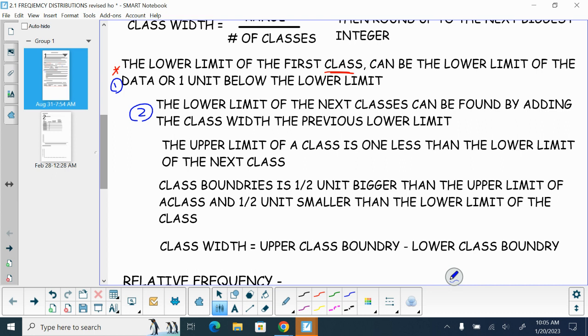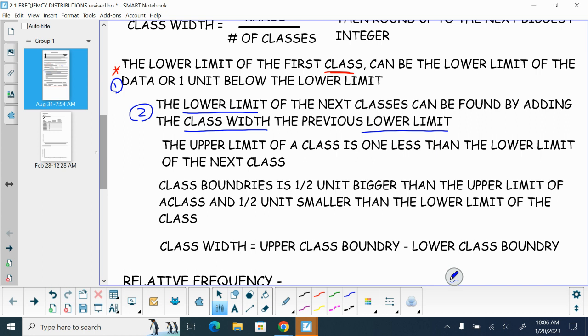The lower limit of the next classes can be found by adding the class width to the previous lower limit. You take the lower limit of the previous class, you add your class width to get your lower limit of the next class. You don't go to your upper limits yet. You go lower limit, lower limit.